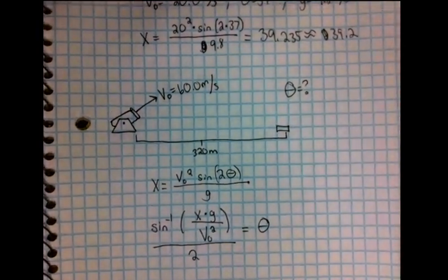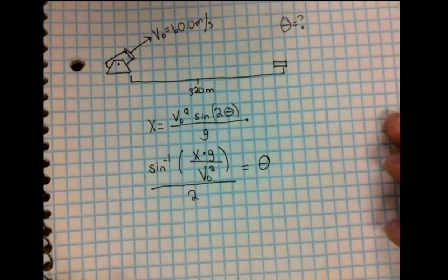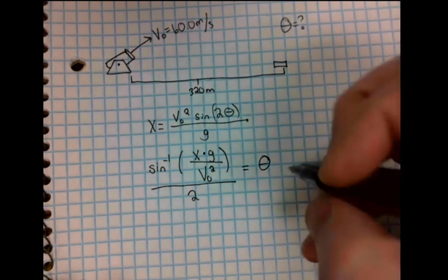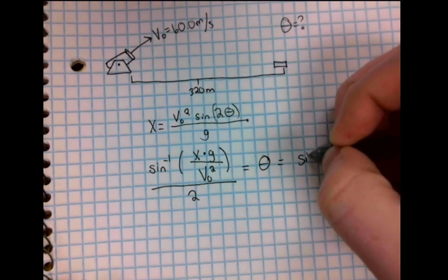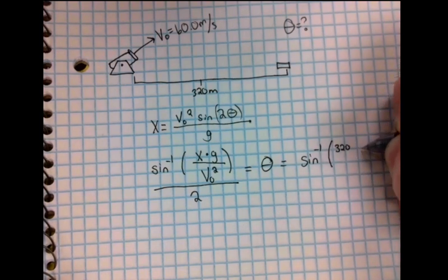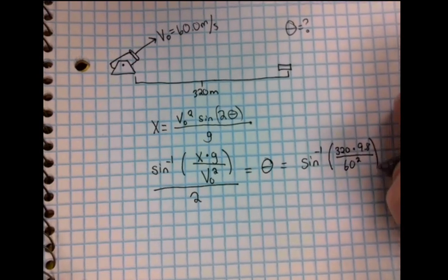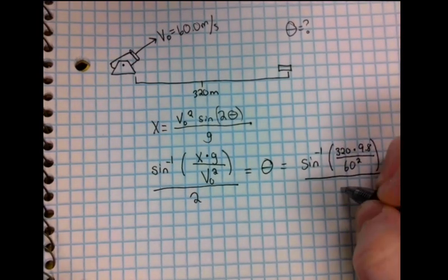Oh, sorry about that, guys. So plug that in: inverse sine of 320 times 9.8 over 60 squared, all of that over 2.